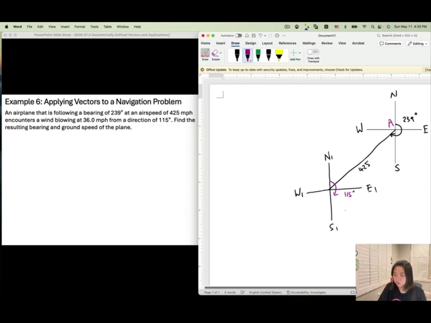So we do have the wind blowing. Let me extend it here, and we call this point B.